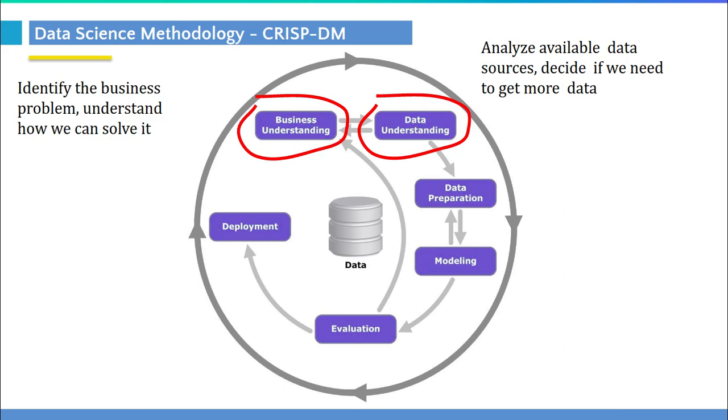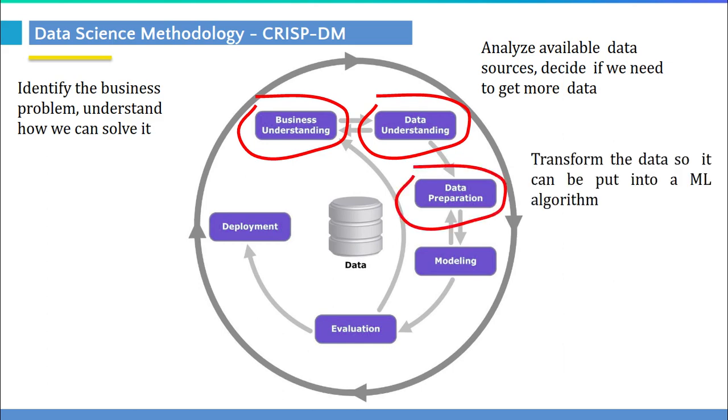The business can give some data, or your vendors can give some data, or your partners. So we should understand what exactly our business objective is, and what data might be useful or relevant to achieve this objective. So that's the data understanding, the second step in the entire process.